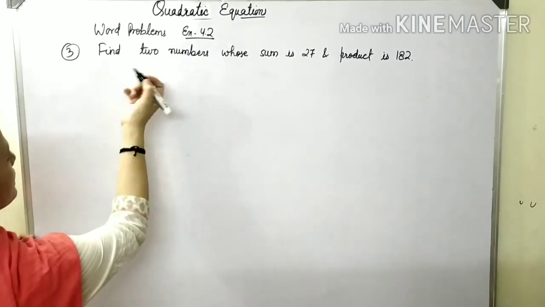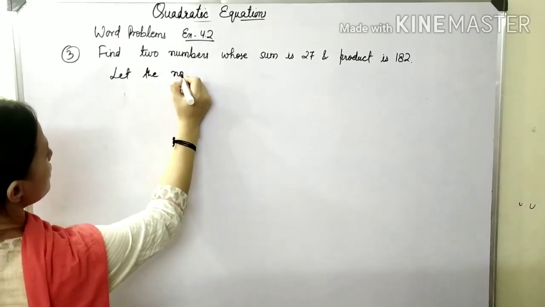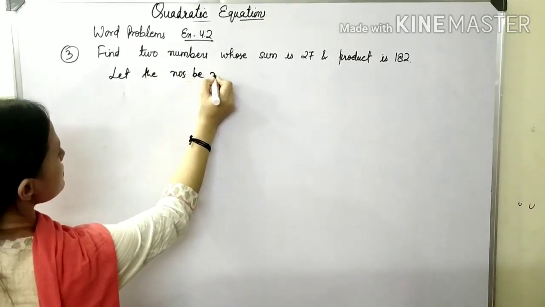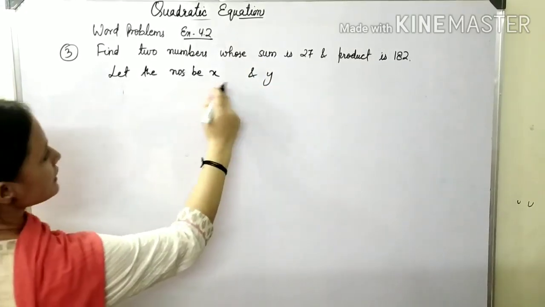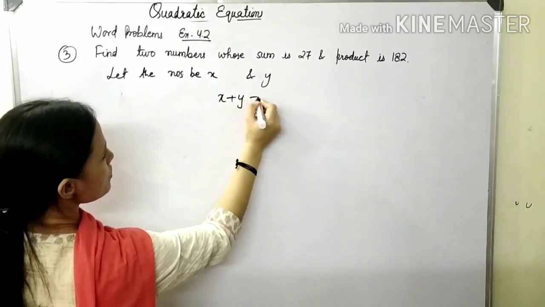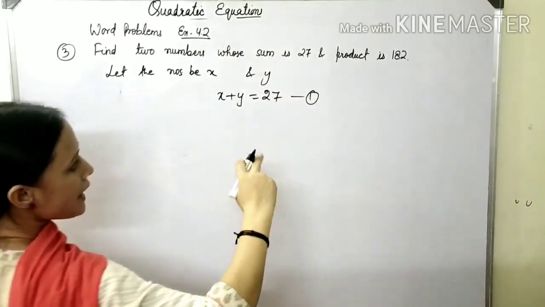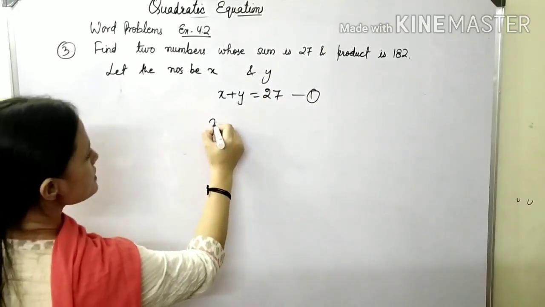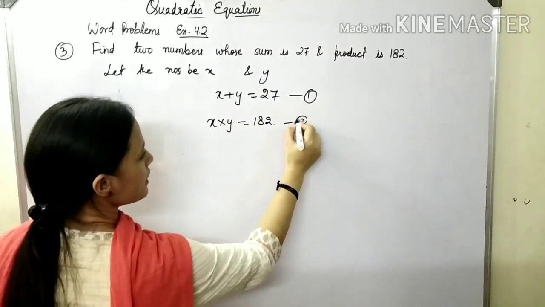Let the numbers be x and y, the two numbers, and their sum is given as x plus y is equal to 27. So one equation we got from here, and product is 182, that is x into y is equal to 182. This is the second equation.